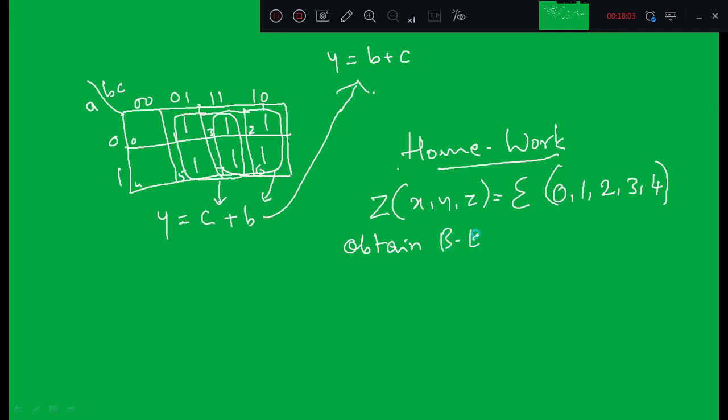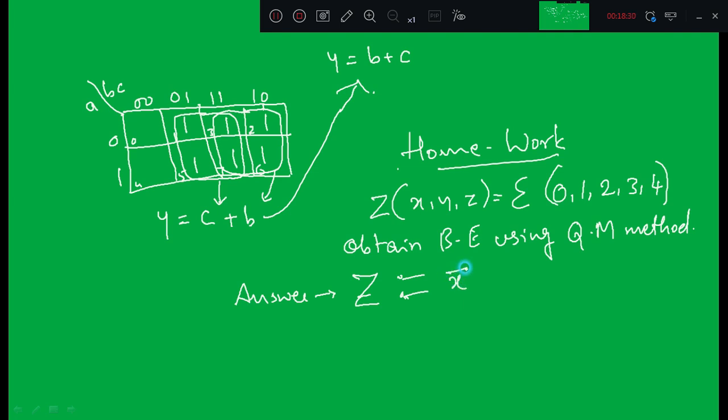Obtain the Boolean expression using the QM method, and you can also verify that answer using the K-map. I am giving you the answer also. This is the final answer. You can verify it using both methods, K-map as well as QM method. The final answer is Z is equal to x bar plus y bar z bar.